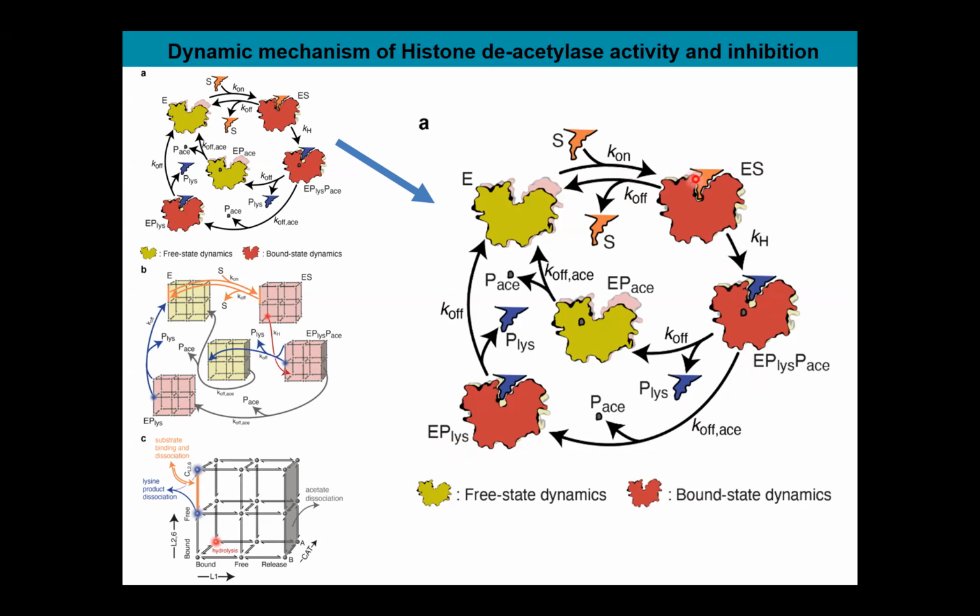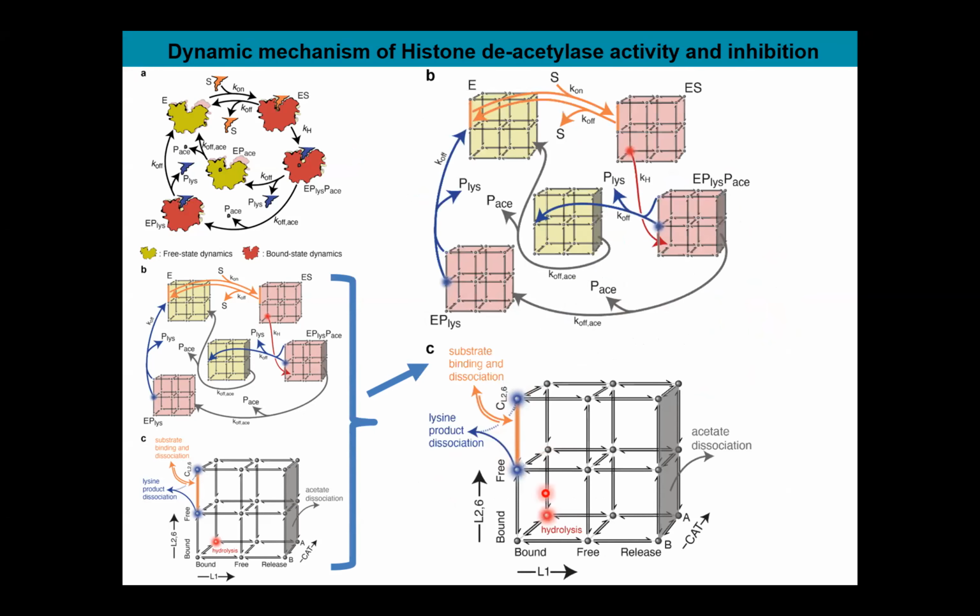And also I can connect these with just 3 parameters, that is K on and K off rate and the rate of hydrolysis that is already known from the biochemical experiment. And then within each species, I can have 18 conformations, 3 for L1, 3 for L2, L6, and 2 for the catalytic region.